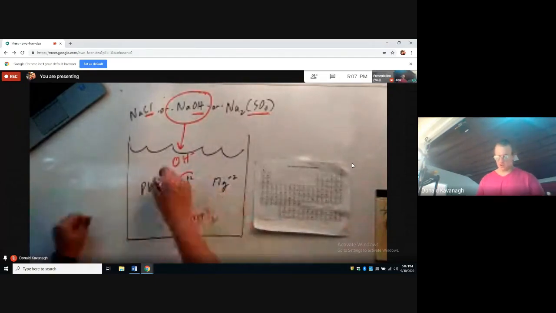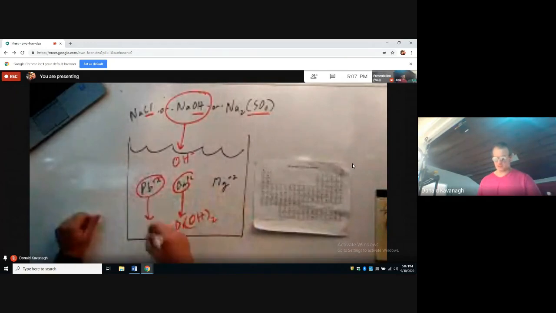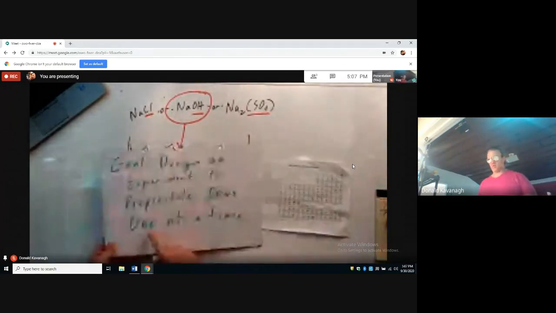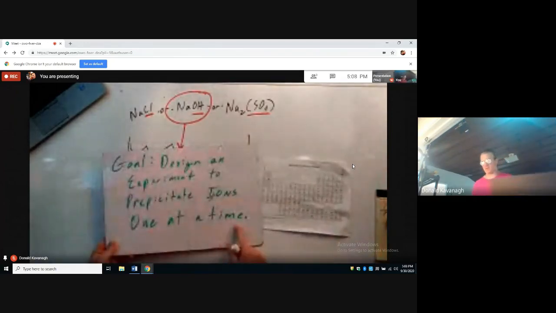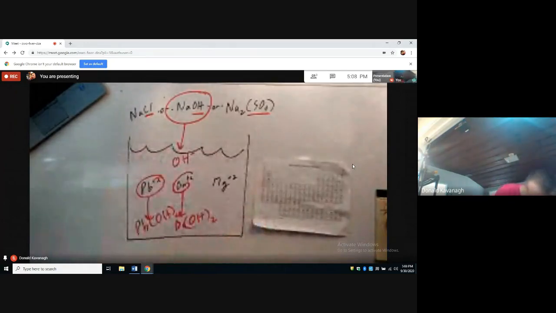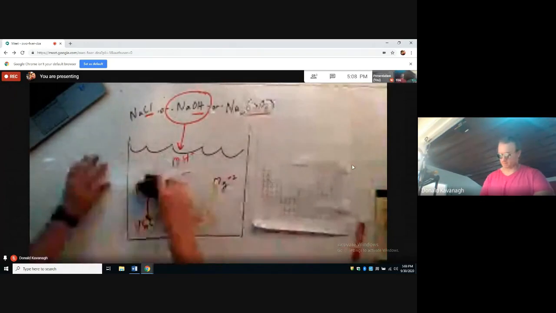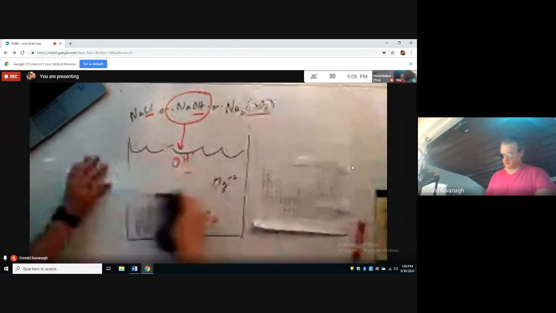Lead will also crash out. So adding sodium hydroxide first is a bad choice because we only want one at a time to crash out. Let's pick another route.